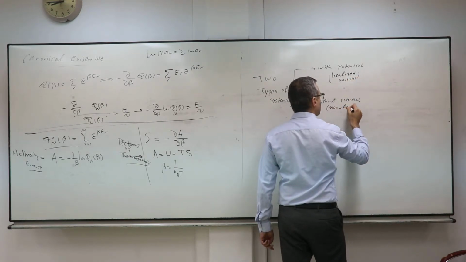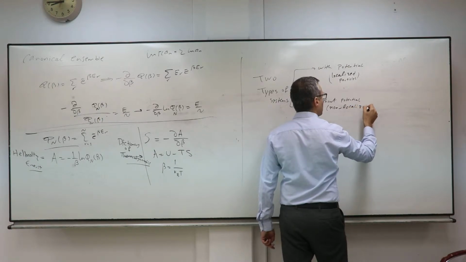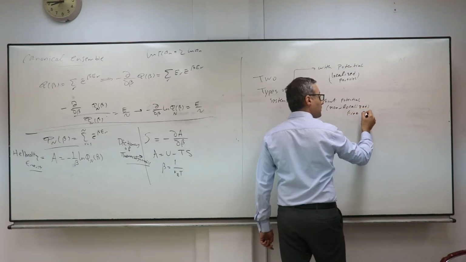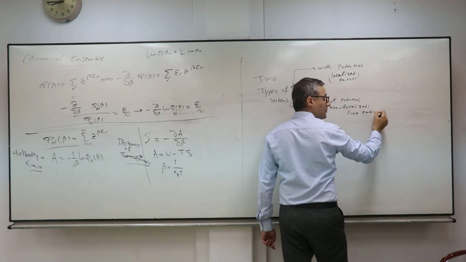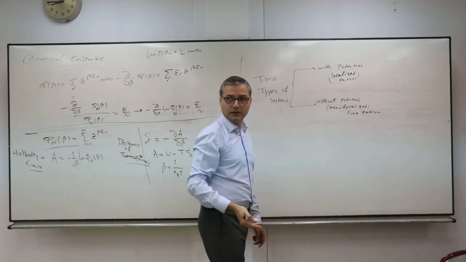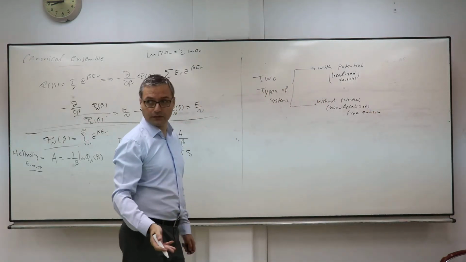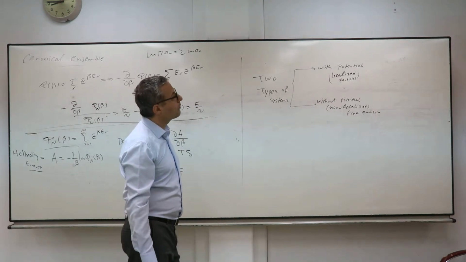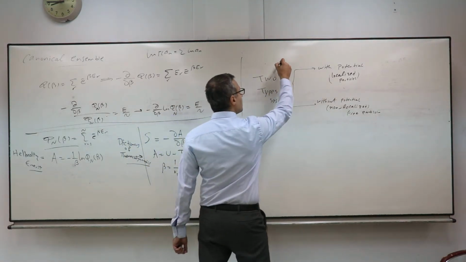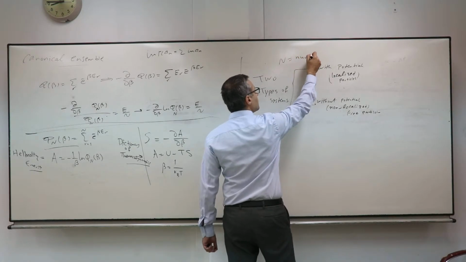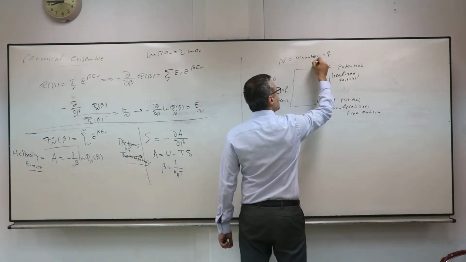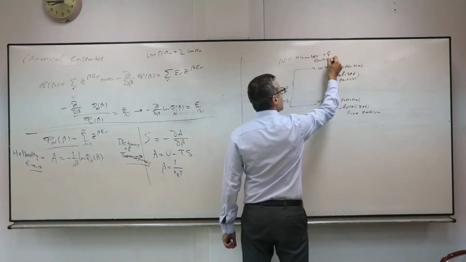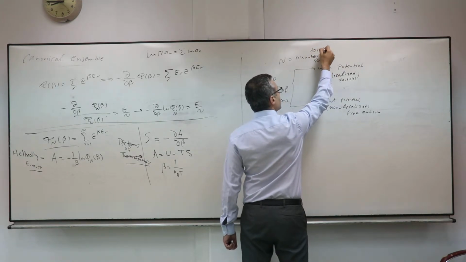Non-localized means free particle. You have just two types of example. The particle can have potential or no potential. And still we have n number of particles. So n is the total number of particles.